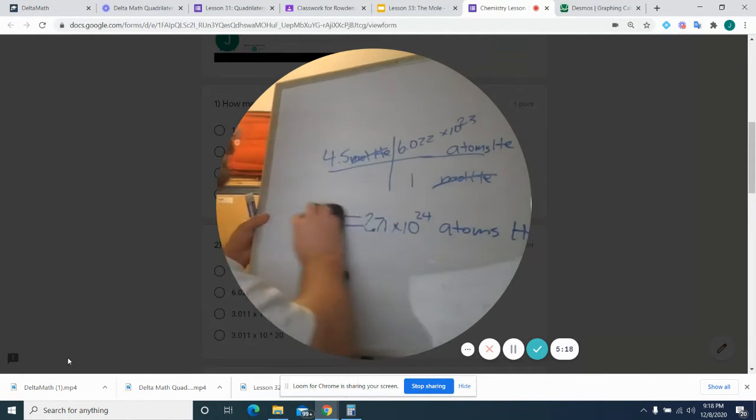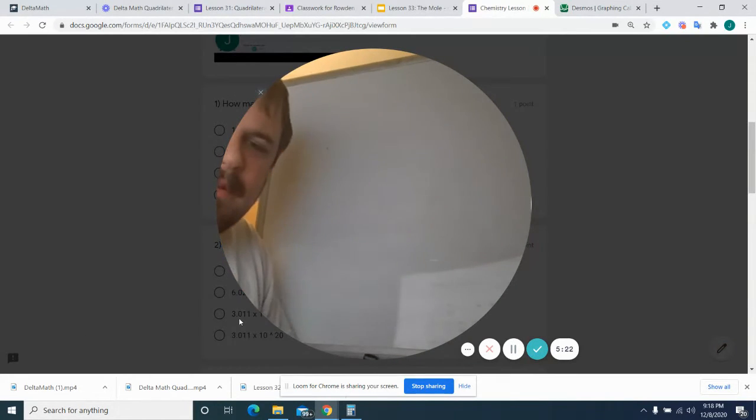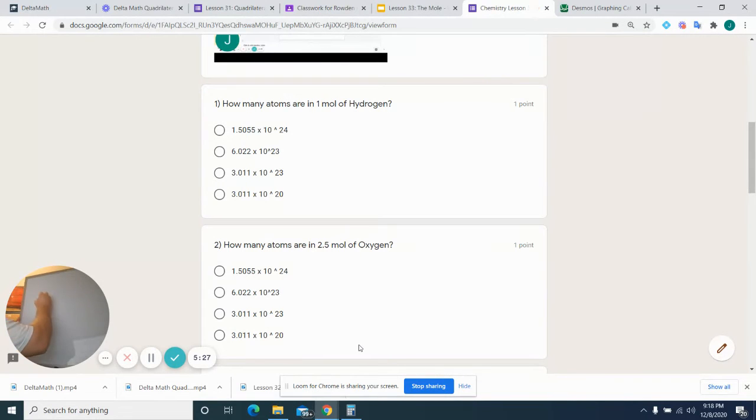And so you'll just do 1 times 6.022 times 10 to the 23rd. For number 2, you'll have 2.5 moles of oxygen times 6.022 times 10 to the 23rd atoms of oxygen.